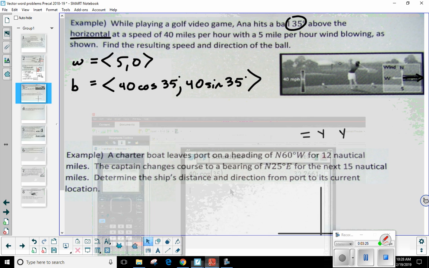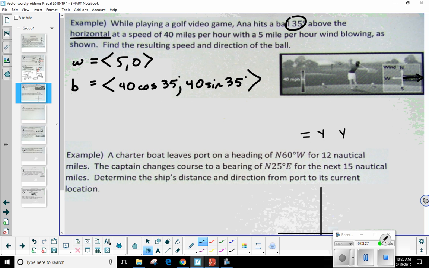Let's go 2 decimal places, why not? 32.77. And then somebody help me out with the next one, 40 sine of 35 degrees. Let's take it to 2 decimal places as well. 22.94. So this right here is the component form of the ball.